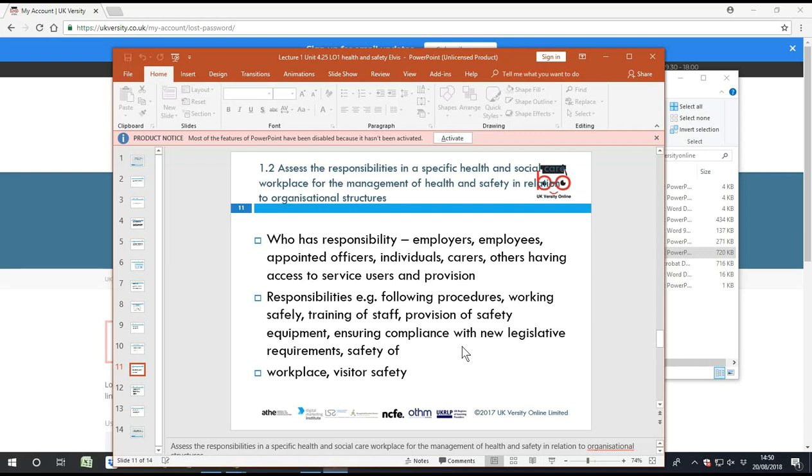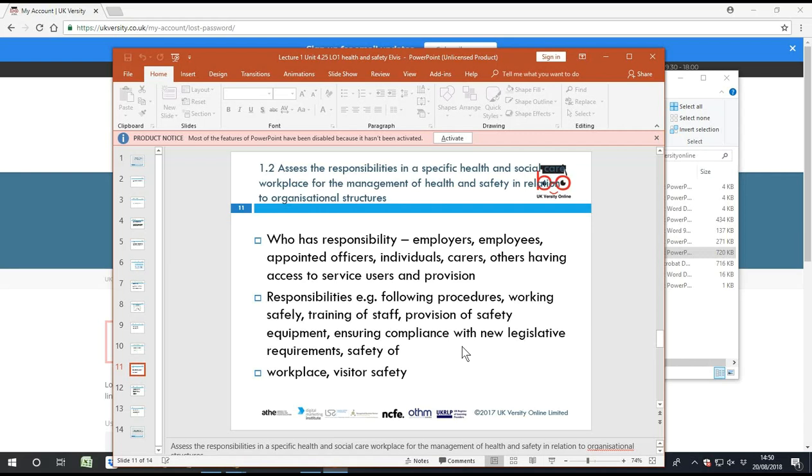Who is responsible for making sure that the working environment is safe? Employers have key responsibility. They have to make sure that the right procedures and policies are in place and ensure that staff comply with that.